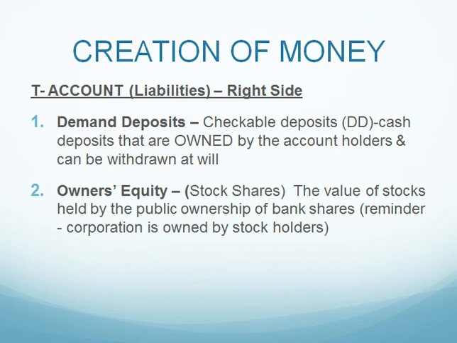This is the right side, the liabilities of the T account. Checkable deposits, demand deposits, cash deposits that are owned by the account holders and can be withdrawn at will. And owner's equity or stock shares, those are the value of stocks held by public ownership of bank shares. So if a bank is a publicly traded bank, it's owned by stockholders.